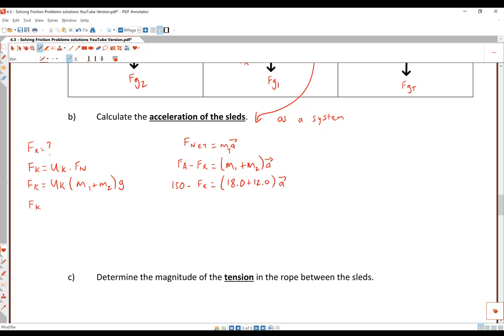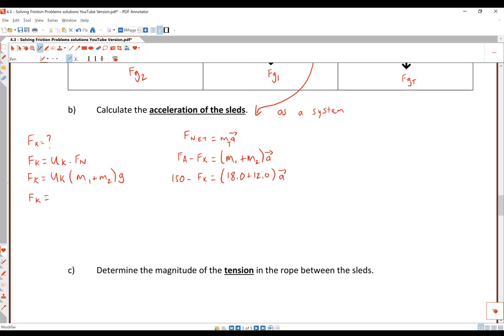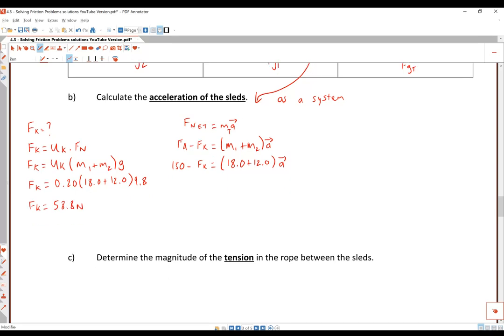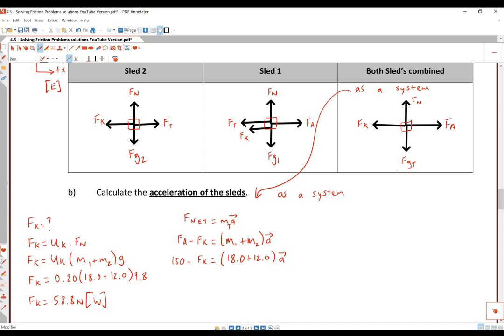So kinetic friction for both of these, the coefficient of friction is 0.20, mass 1 is 18, mass 2 is 12, multiplied by 9.8. So the kinetic friction that we get over here is going to be 58.8 newtons. And this is going to be going in the west direction, as denoted over here.